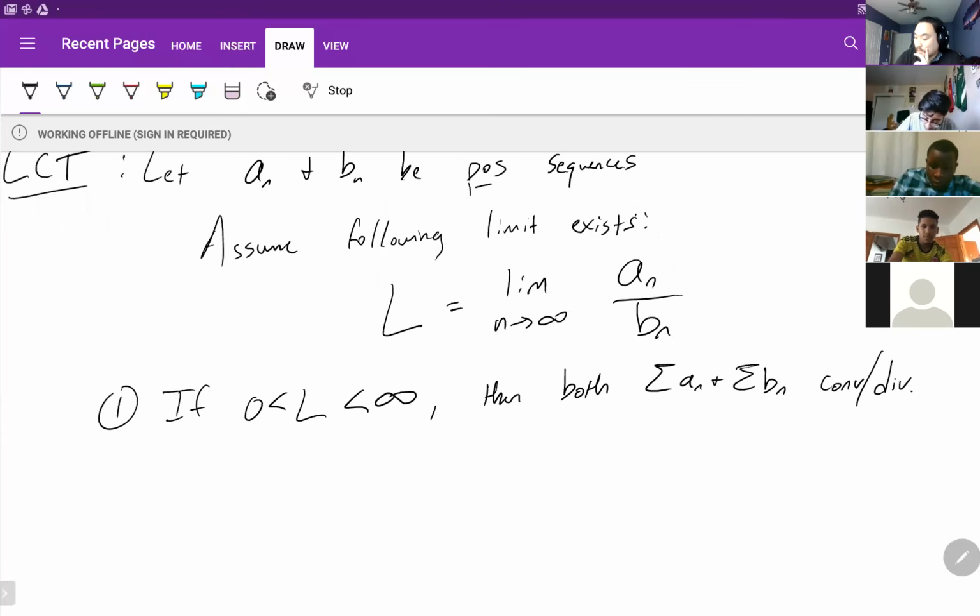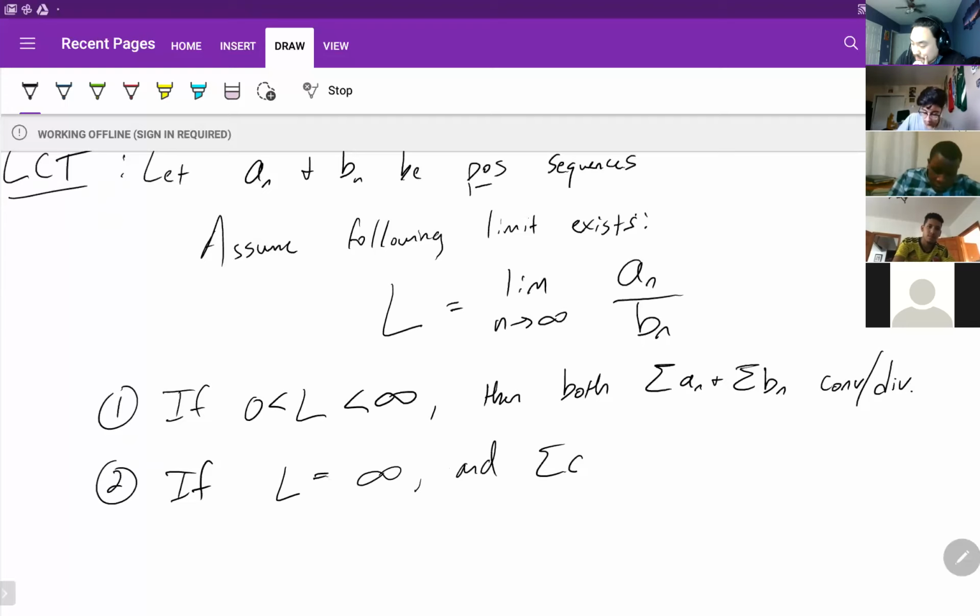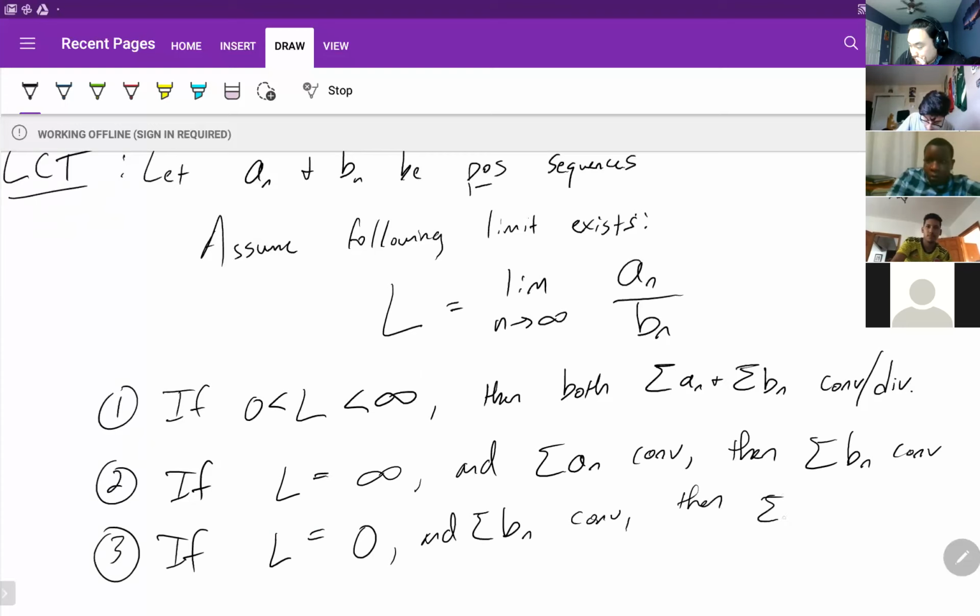The second case goes if the limit is infinity, and the sum of A sub n converges, then the sum of B sub n converges. And then the last case is if L is equal to 0 and B sub n converges, then A sub n converges.